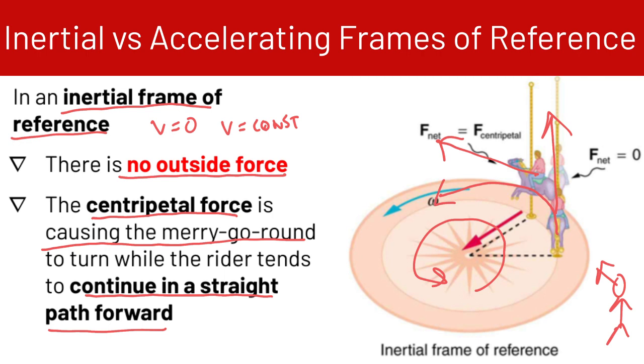So as an outside observer, you realize that there is no outside force. There's no force that's pushing the rider outside. The only force acting on the rider is this centripetal force pulling them into the center.